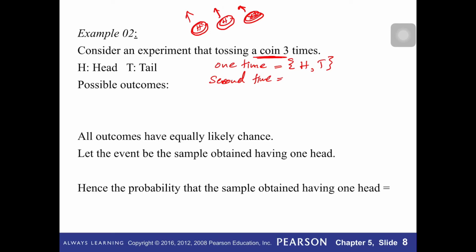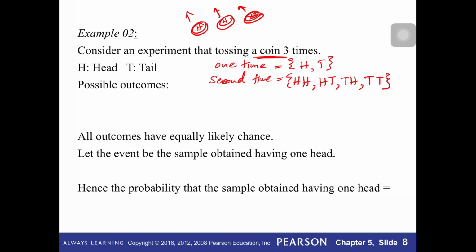First time you have head or tail, but second time when you flip the coin, you have a past memory. So previous result you have to consider when you write down the coin tossing 2 times. So let's say first time I got head, second time I got head as well. First time head, second time tail. First time tail, second time head. First time tail and second time tail. Clear?